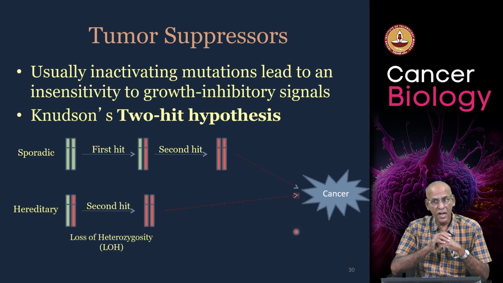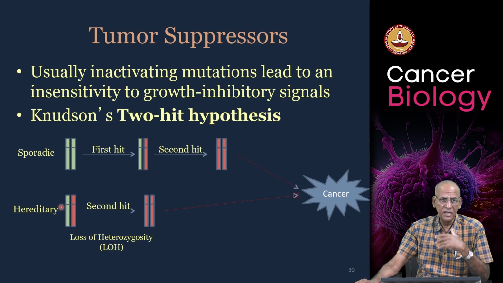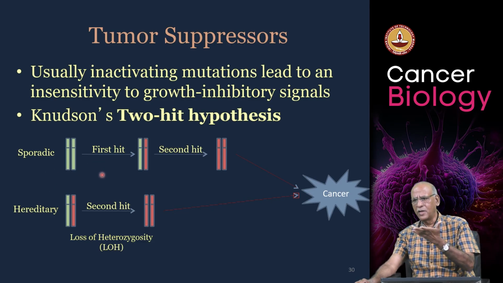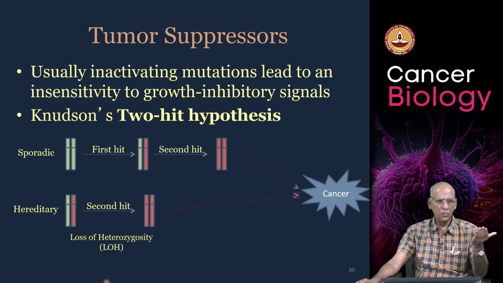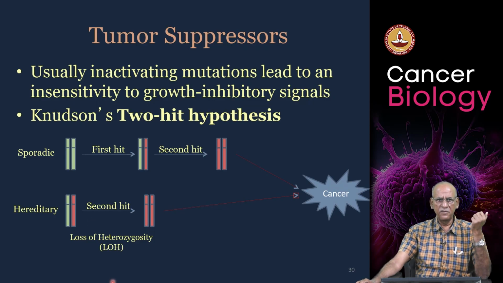And from his statistics he observed one important phenomenon, that you need at least 2 changes to get cancer, especially in children. He predicted that all of us inherit 2 alleles, one derived from the mother and one derived from the father, right? We have 2 alleles.